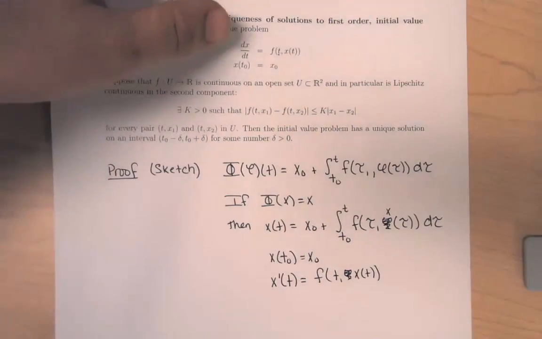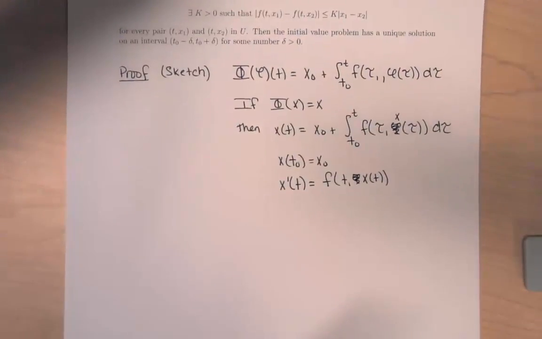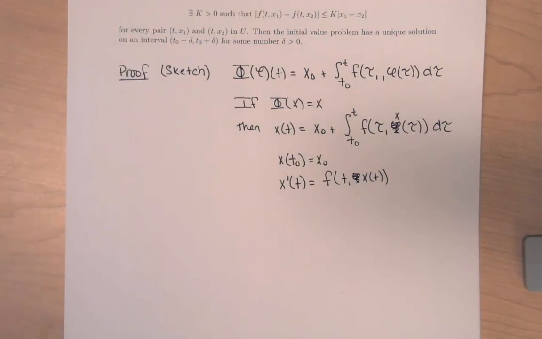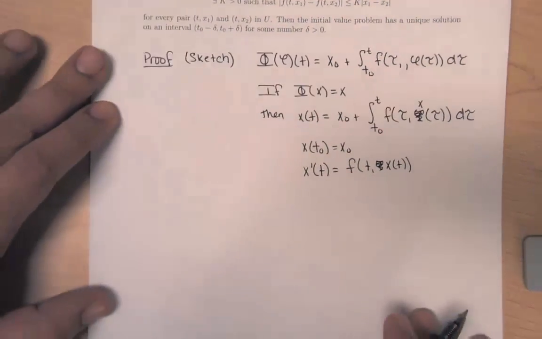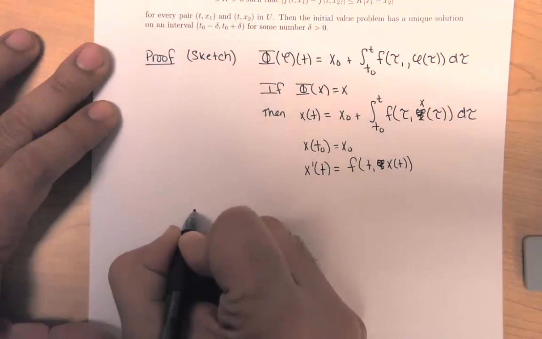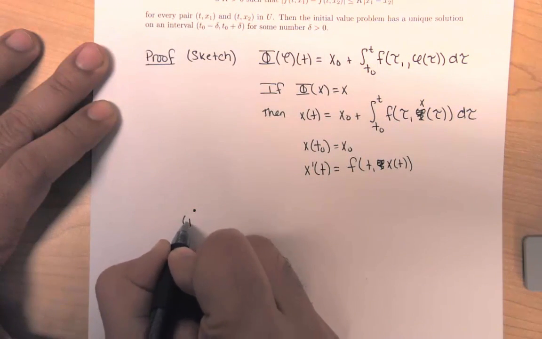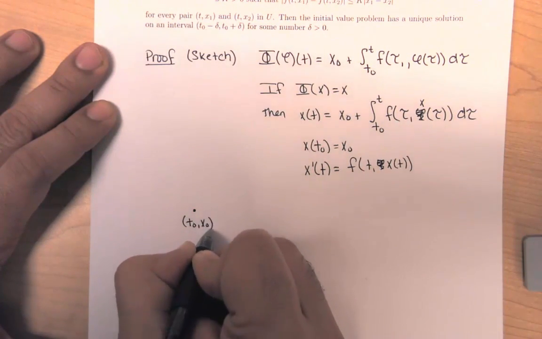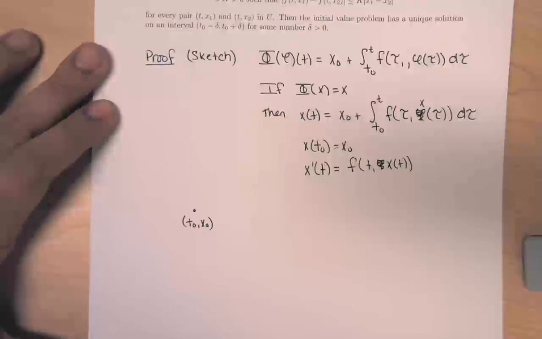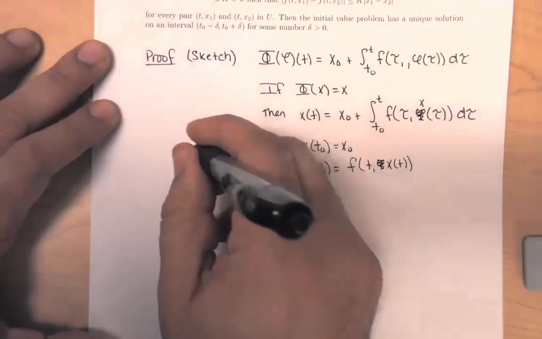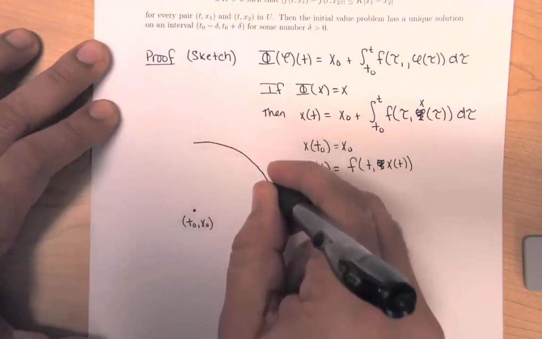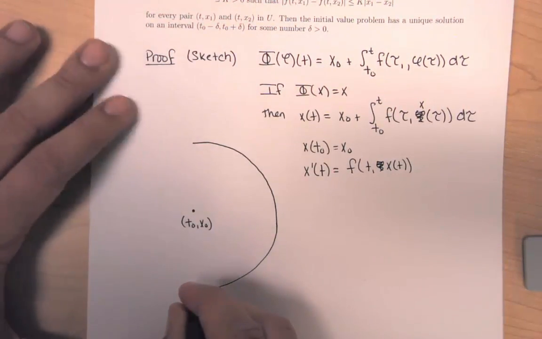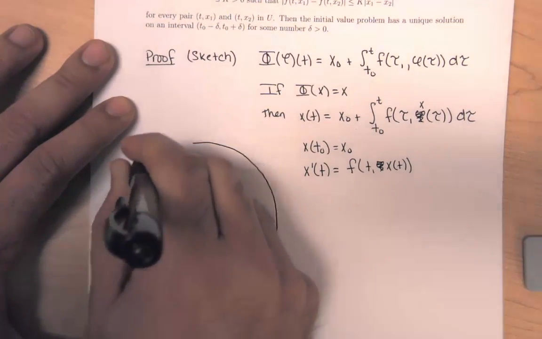Let me just sketch the idea of how you might show it's a contraction, and specifically on what set. So let me start with a picture. Suppose that this is t naught and x naught, and imagine it is at the center of some circle, and I'll do my best here to center this circle at that point.